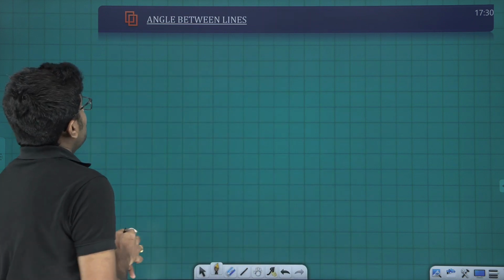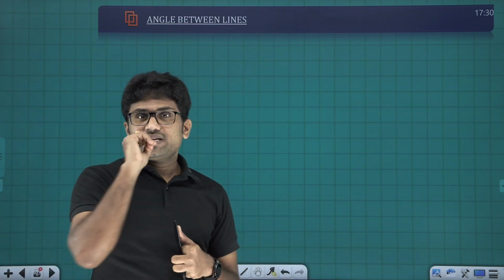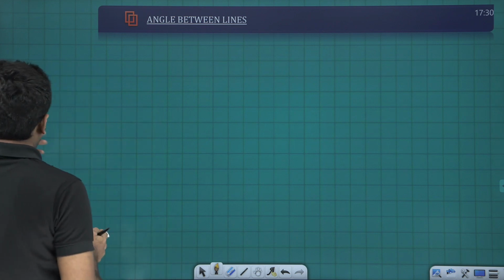Next. So this is regarding equation. Next, angle between two lines, friends. How do we get the angle between two lines?